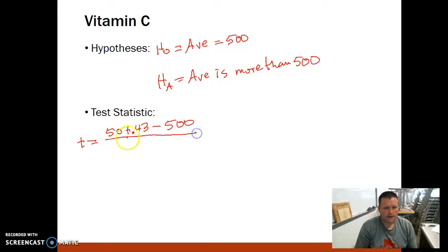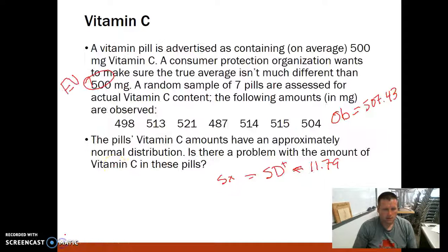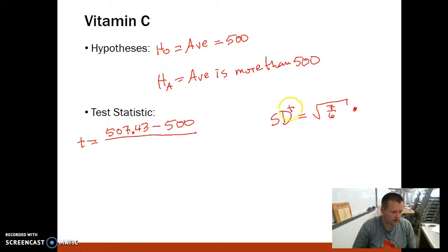Then I'm going to divide that by my standard error. So to find my standard error, remember, I need to know my SD plus. Again, if you want to use your formula, you can. Remember, it's the number of draws, 7 over 6, and then we're going to times that by the standard deviation, which I didn't write down from the calculator, but I think it was 10.9. And you'd have to get that from your calculator.